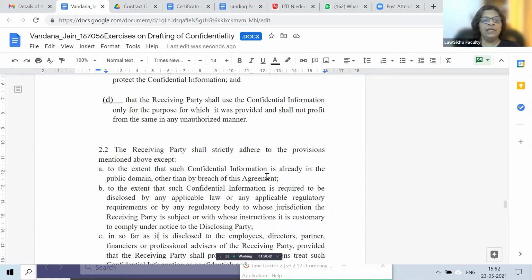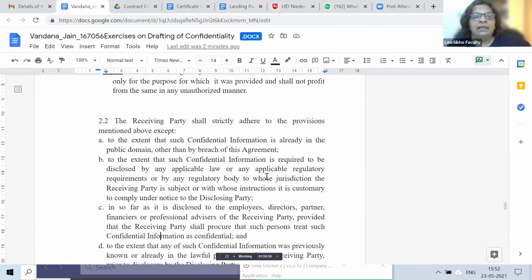Okay. Insofar as it's disclosed to employees, directors, partners, financials, or professional advisors of the receiving party, provided that receiving party will procure that such persons treats the confidential information as confidential.